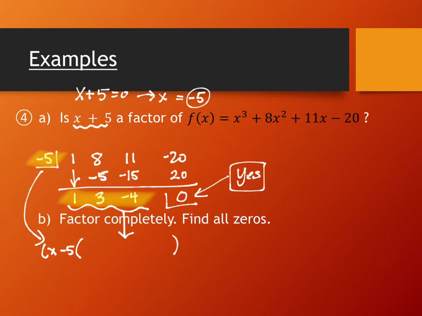We've had factoring by grouping, and now we have synthetic division as another method to use to factor. And again, just like on the other things, they don't work for everything, right? If this had not been a 0 at the end, I wouldn't be able to use it. It wouldn't have created the factoring that I need. But because it was a 0, it will work. So what is the quotient that I'm going to write in here based upon this piece over here, the 1, 3, and negative 4?